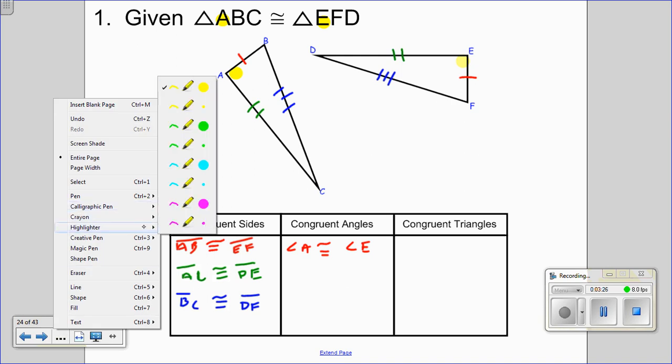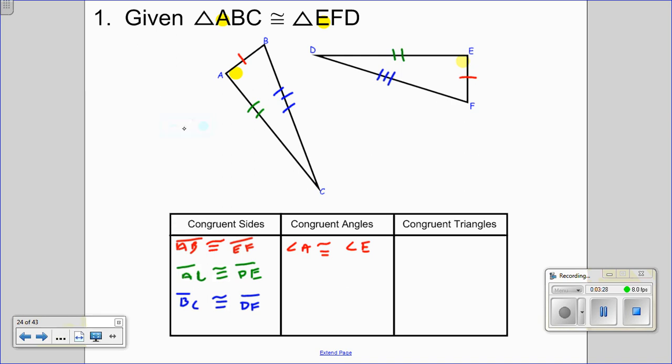Next in the order is angle B with angle F. So those two are congruent.